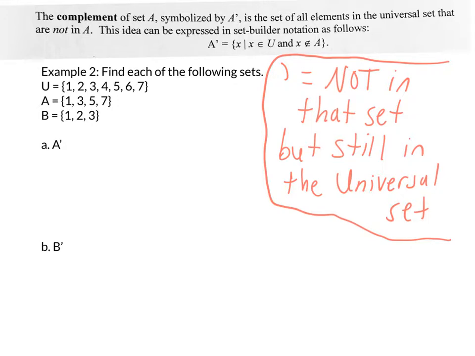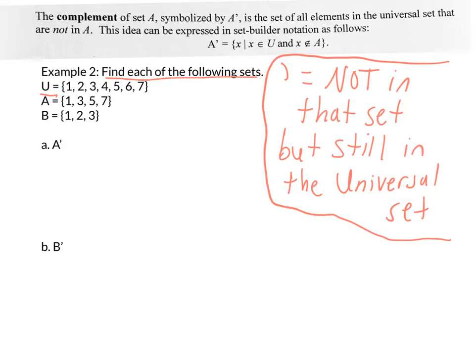So looking at example 2, once we see it in action, we see that it's a little bit easier than it sounds. It says to find each of the following sets. U equals, remember, whenever it says U equals, that means universal set. In other words, all the possible answers we can have by the end of this question.